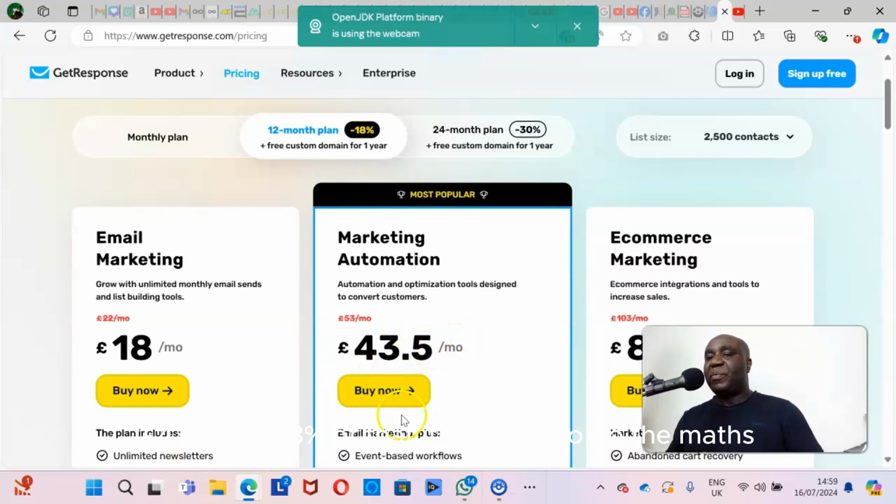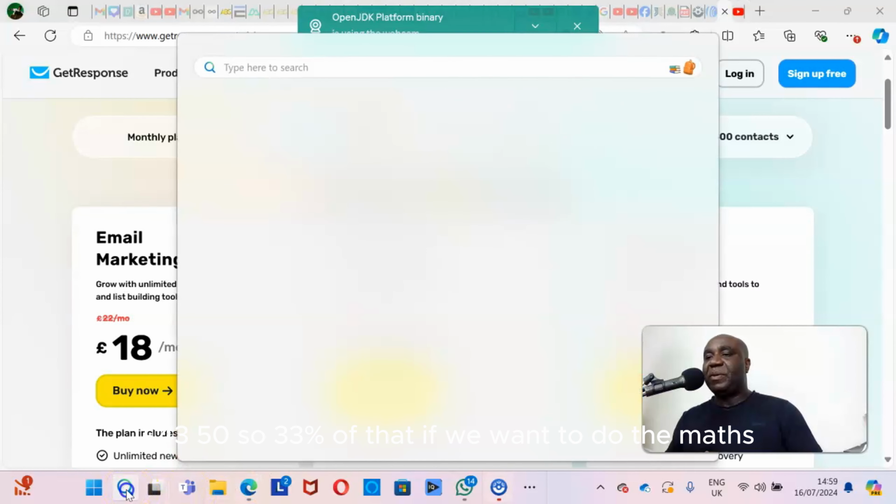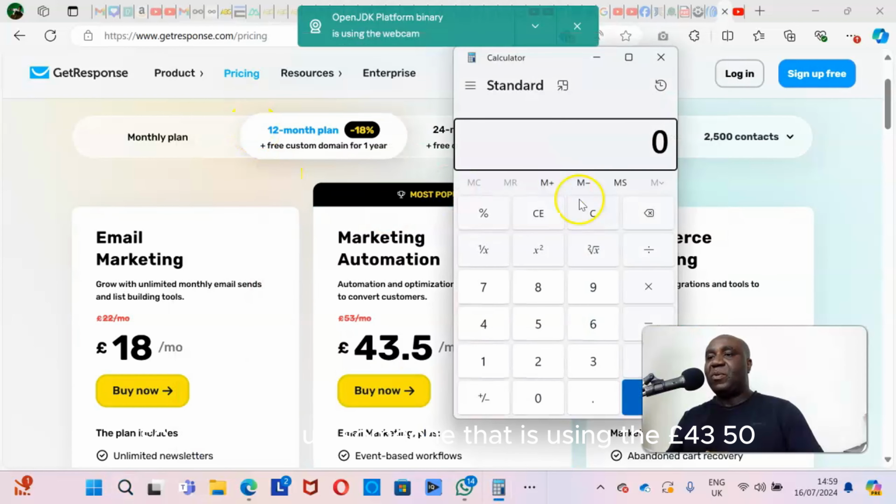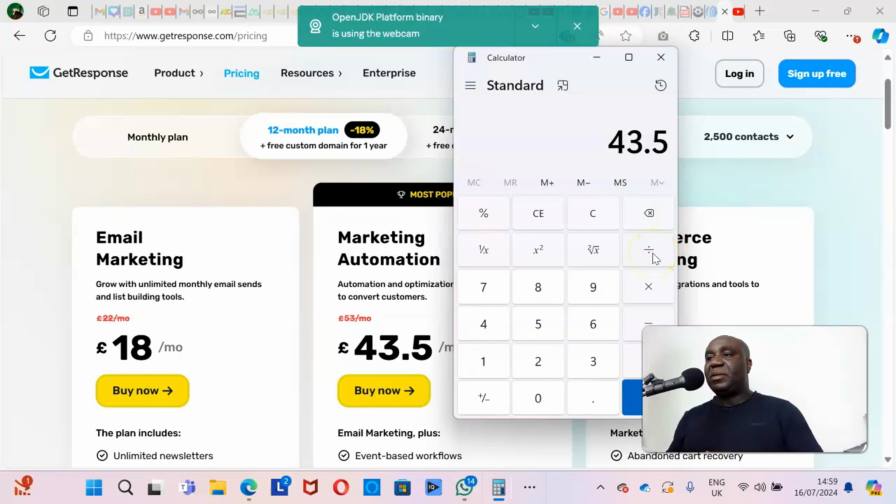So let's do the maths: £43.50 times 33% gives us £14.35 per person using that particular plan.